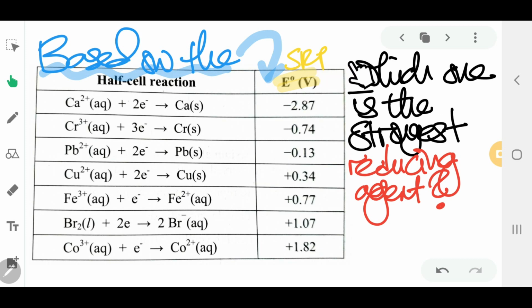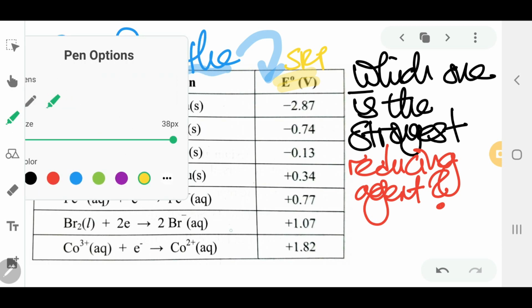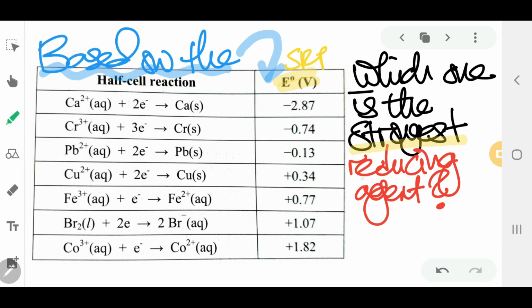So the question says, which one is the strongest? We need to find the strongest reducing agent, so we need to look at which E0 value is the most negative. When you look in the list, the most negative is right here.